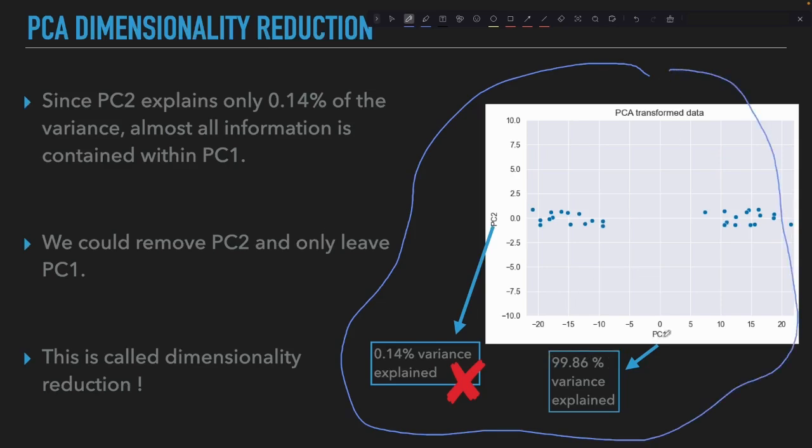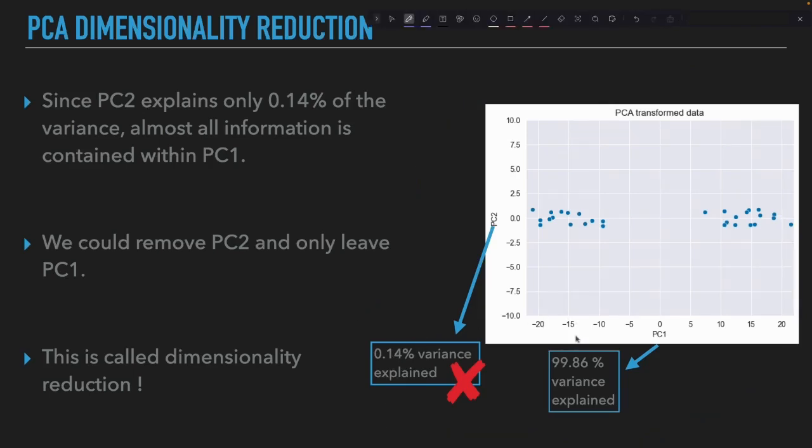So we could take a look at this transformed data, and by looking at this number, we can see that principal component 1 describes 99.86% of variance, while principal component 2 explains only 0.14%. So we could say, okay, this is negligible. We could go on and remove this axis completely, and only preserve the information along the principal component 1 axis.